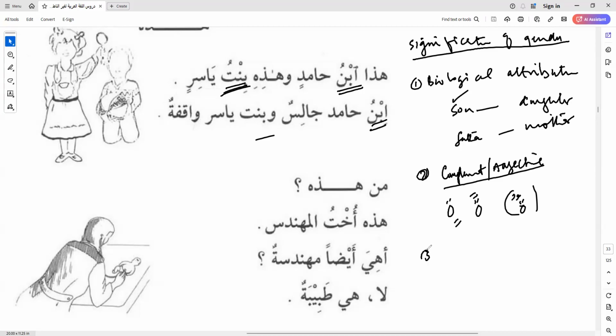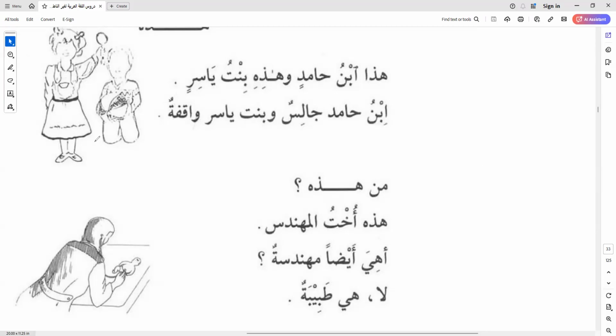And then the signification for is when we are dealing with titles, right? We're dealing with titles like a doctor, a nurse, or occupational titles, or occupations like a doctor.